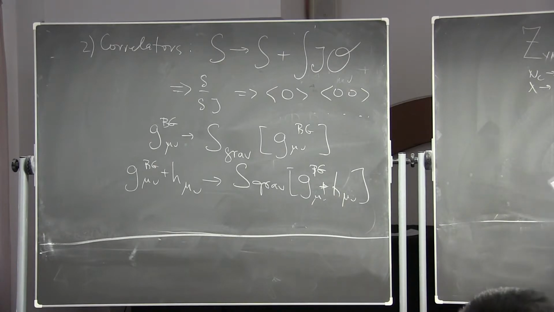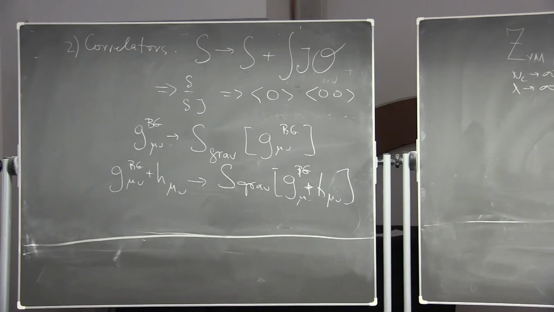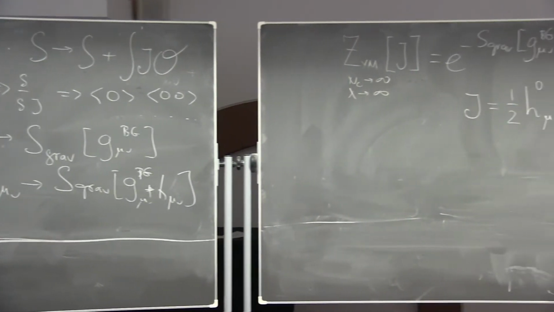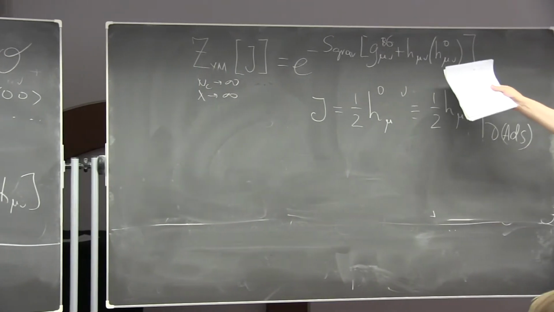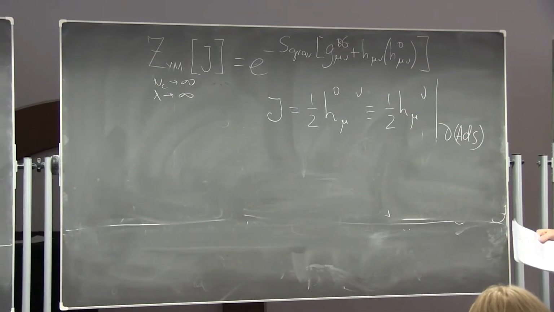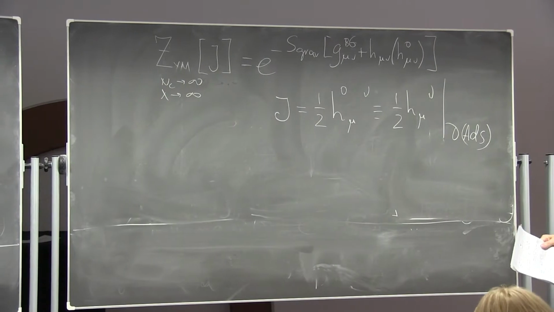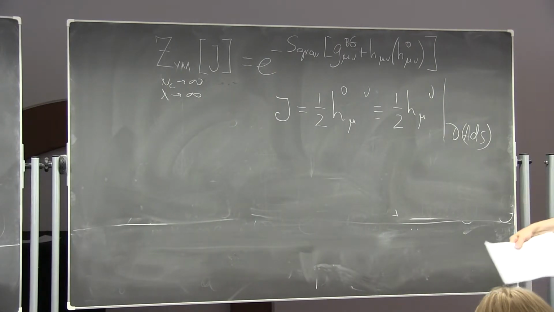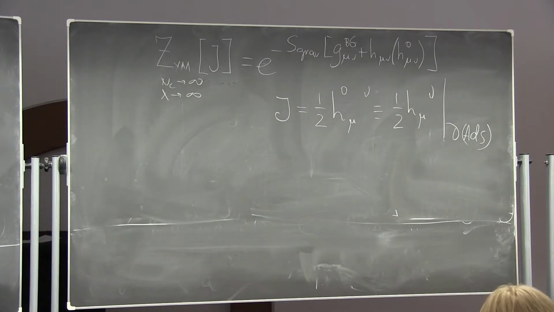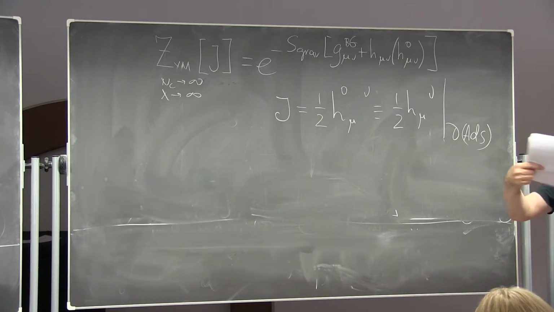So what do you need to do? You take your background solution. It's written here. You perturb it with your H mu nu, with a little gravitational wave if you want. You solve equations of motion subject to some boundary conditions. You substitute this solution back into the action. You integrate by parts.